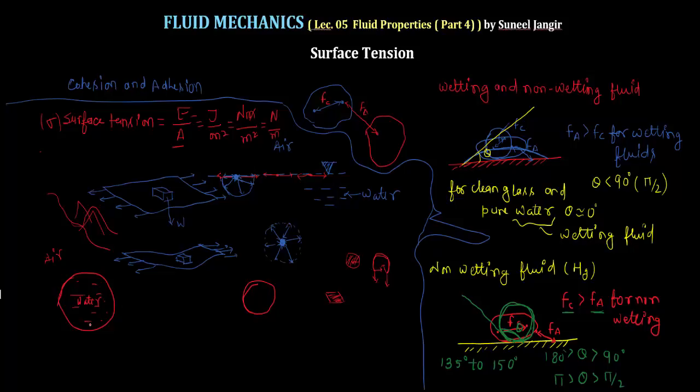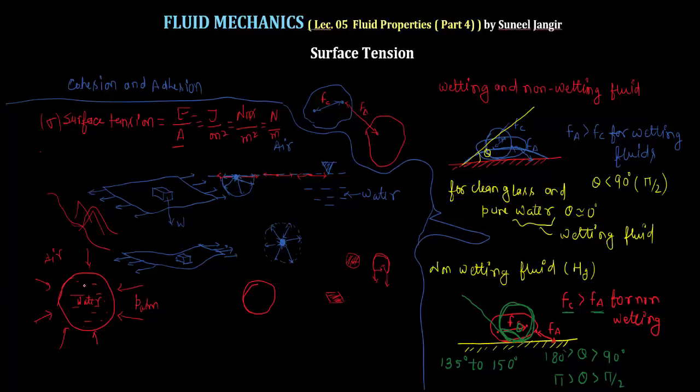The forces acting on this droplet are, first of all, the external pressure force, that is the atmospheric pressure force, like that. This is P atmospheric, and this P atmospheric will try to compress this droplet.